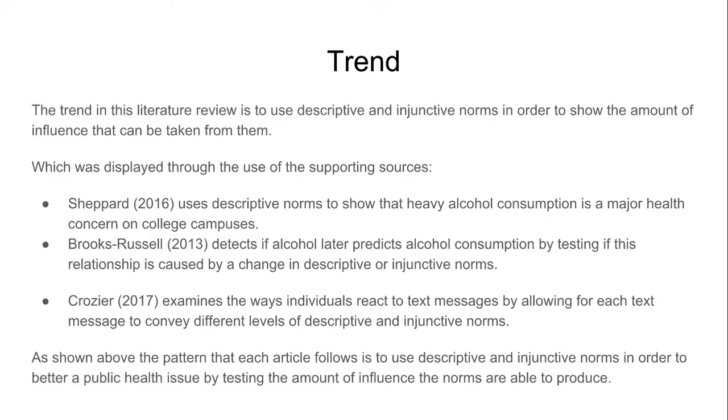And also, these norms are used to help better a public health issue by testing the amount of influence, because then we're able to know how much adolescents can be influenced by these types of norms and what we could do as a community as a whole to help prevent this public health issue and hopefully lessen the alcohol use in adolescents.